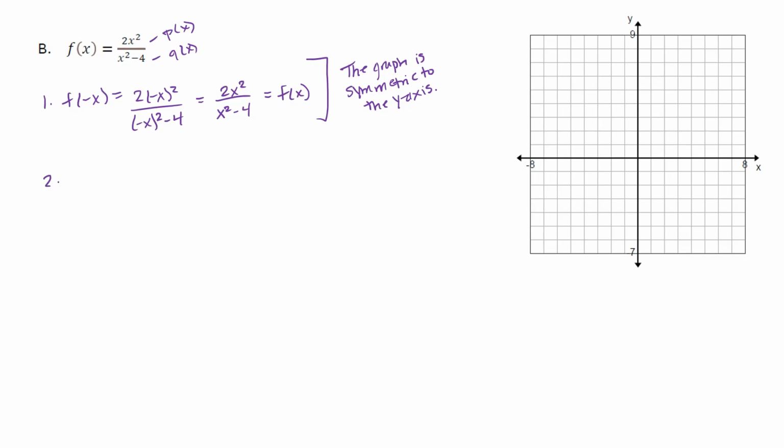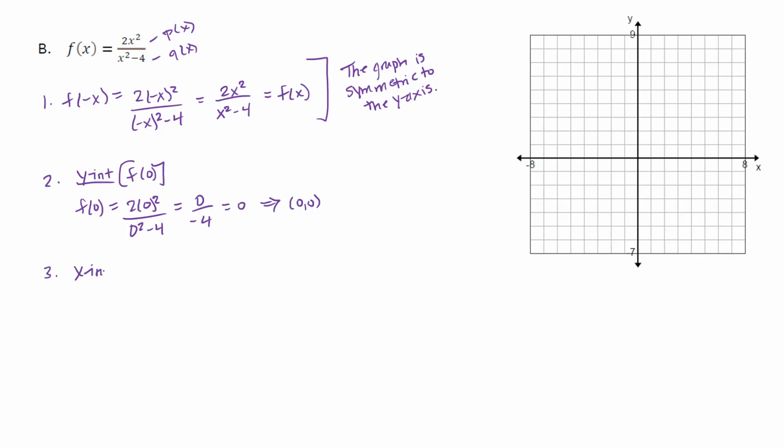Okay. Step 2, we can find our y-intercept. We do that by substituting 0 in for x. So f of 0 equals 2 times 0 squared over 0 squared minus 4, which equals 0 over negative 4, which equals 0. So that gives us the point (0, 0), which is the origin.